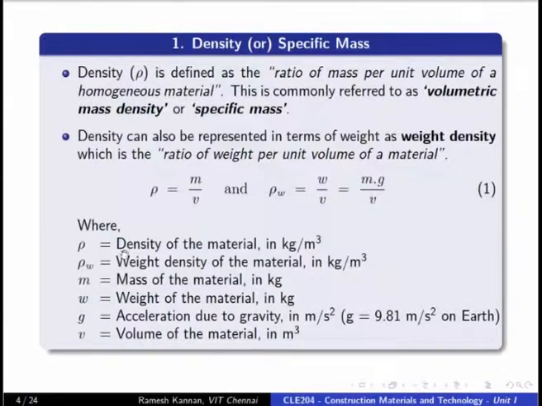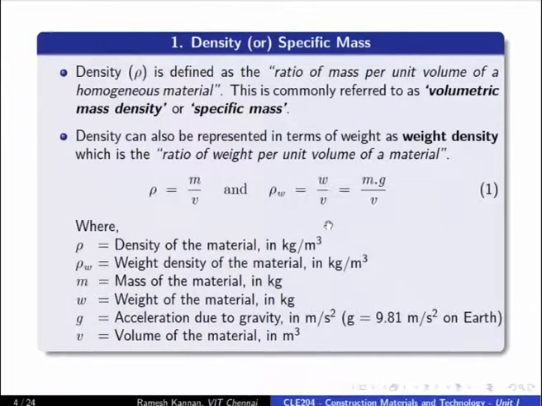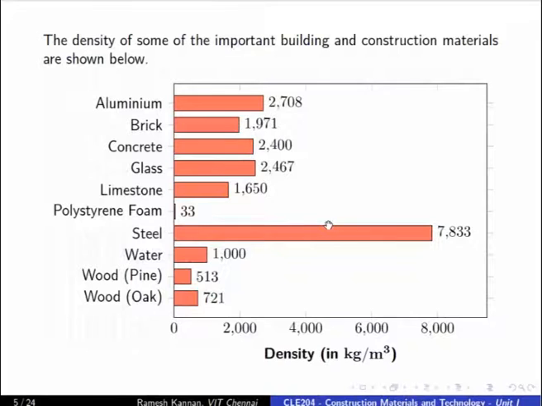The unit of density is kilogram per cubic meter, and the unit of weight density is also expressed in kilogram per cubic meter. Some commonly used construction or building materials and their associated density values are given in the next diagram.